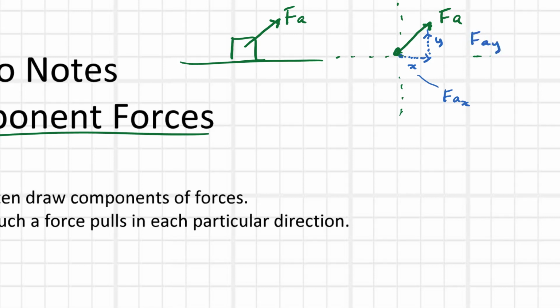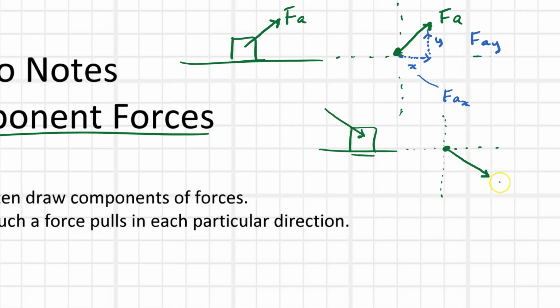One more quick example before we go to the first real example. Let's say that applied force was pushing downwards like this. Now when I draw the box as a single dot, it could be moving horizontally, and so here are my horizontal and vertical axes. When I draw FA, just a reminder that we want to draw the forces starting from the dot, so this arrow actually goes over here.